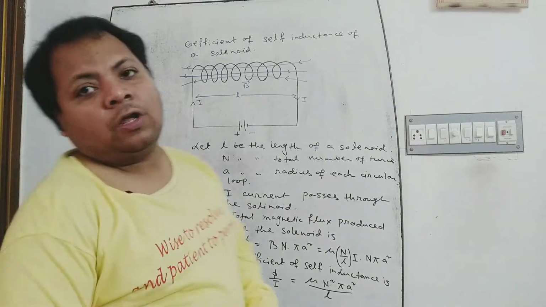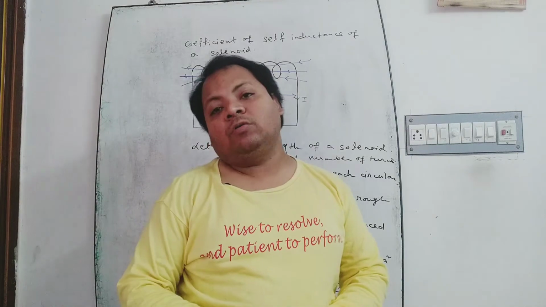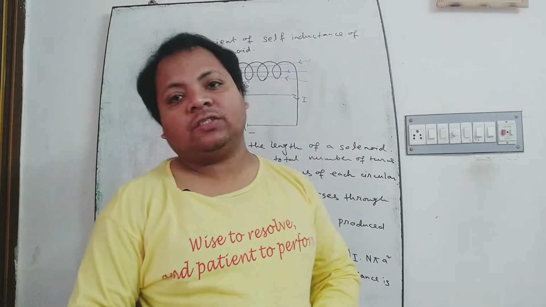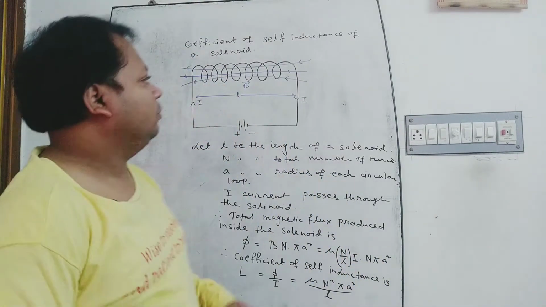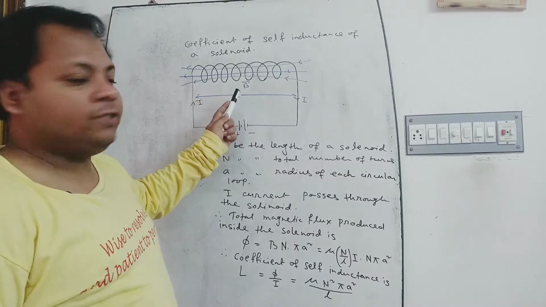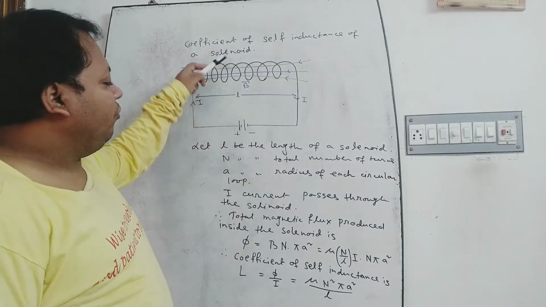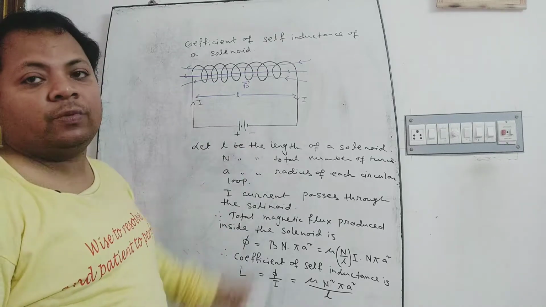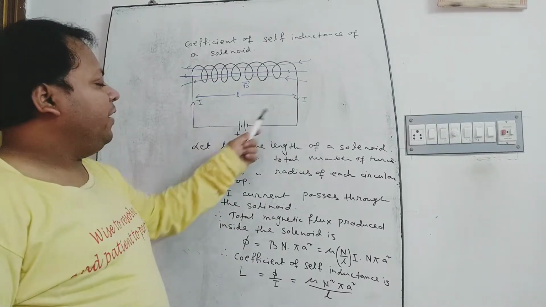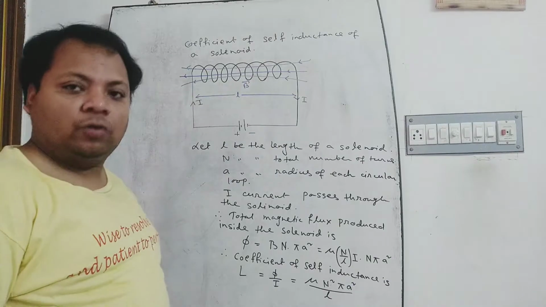Now I'm going to discuss the coefficient of self-inductance of a solenoid. This is a solenoid having length small l. The total number of turns is capital N. I amount of current passes through the solenoid.